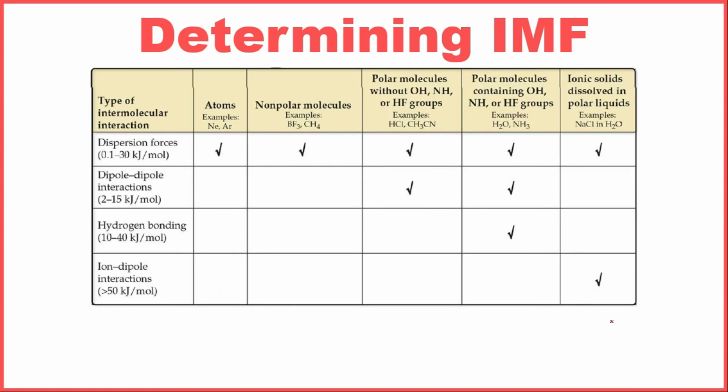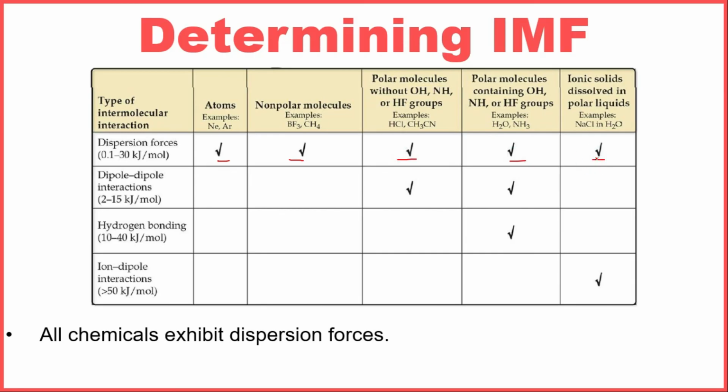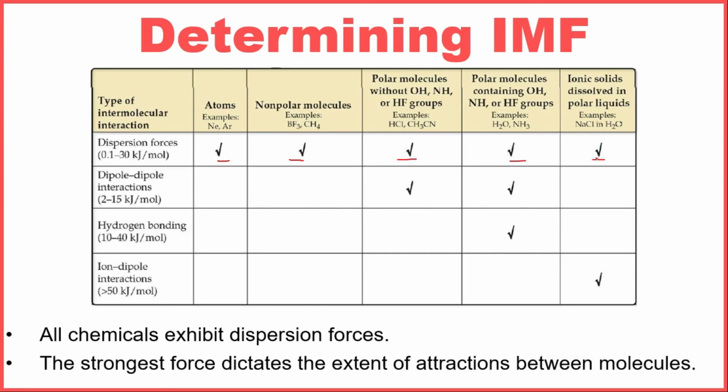So this table summarizes the type of intermolecular interaction and when and where they occur. You have to remember that all chemicals exhibit dispersion forces. As you can see here, you have all checks. And the strongest force dictates the extent of attraction between molecules.